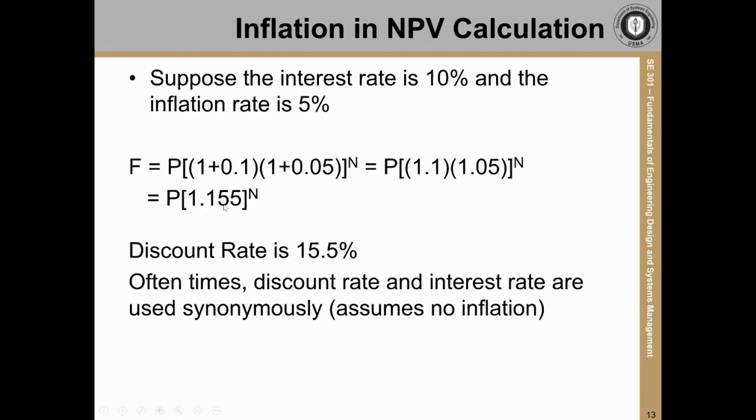That gives you what's called a discount rate of 15.5%. So effectively, this is your interest rate going into your equations if you're calculating present value or future value. A lot of times you'll see that discount rate and interest rate used synonymously, and you do that because you're assuming no inflation.